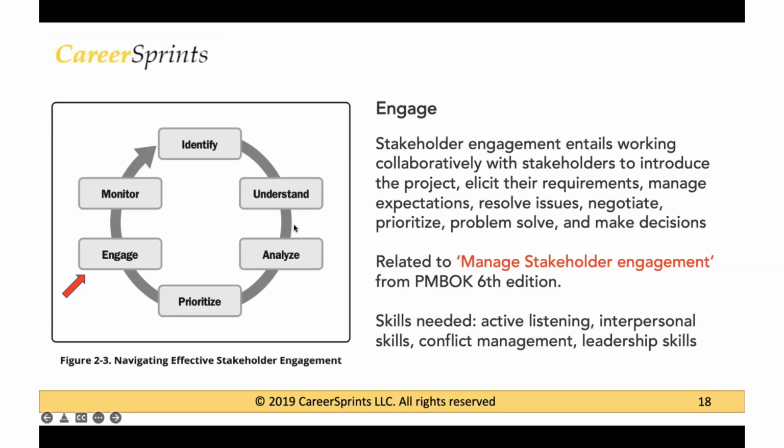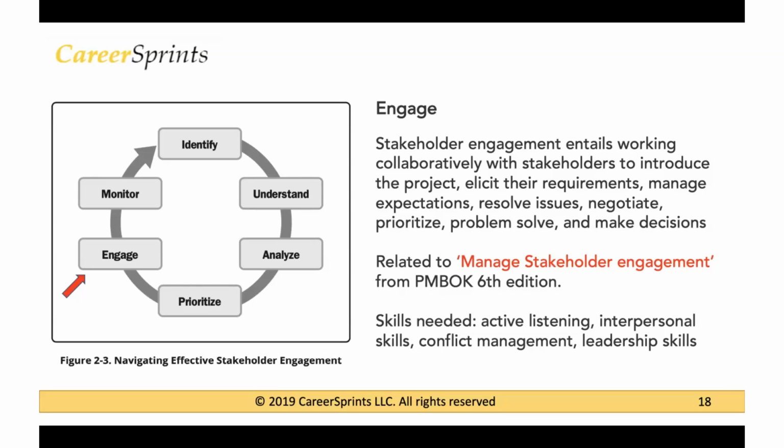So if you worked in an agile project, you would know that in agile there is a concept called product owner, and product owners basically are the point of contact, or the liaison for most stakeholders on an agile project, right?